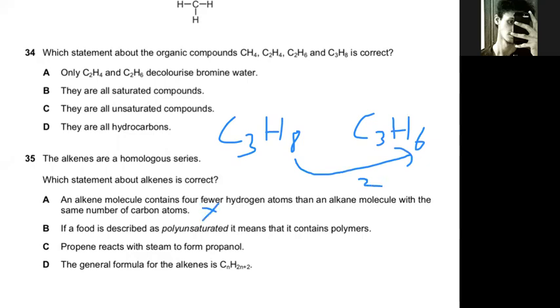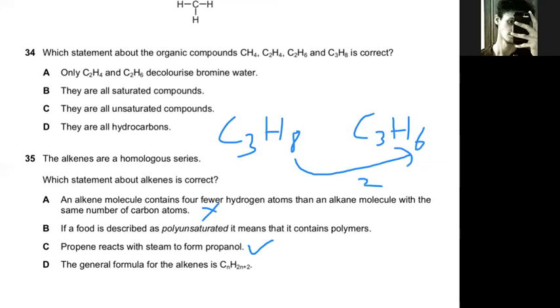If a food is described as polyunsaturated, it means that it contains polymers. First, we'll see the other two. Propene reacts with steam to form propanol. Addition of steam to propene does form propanol, so that is correct. The general formula for the alkenes is CnH2n plus 2.